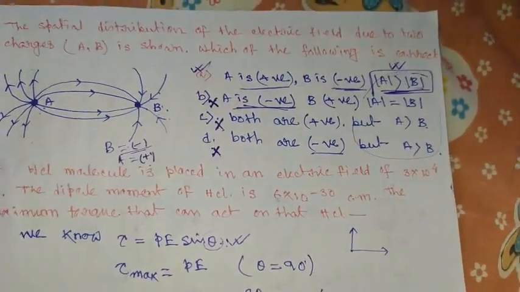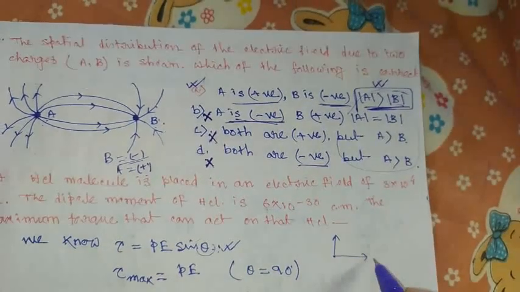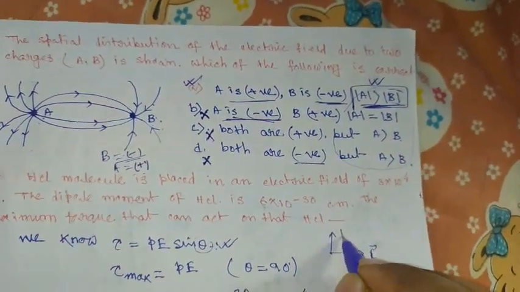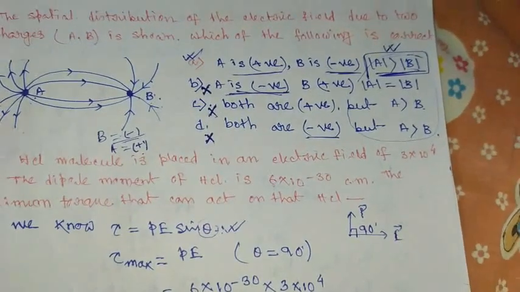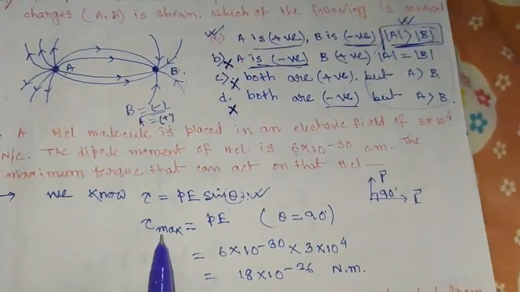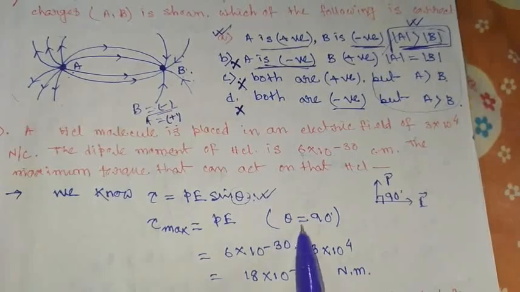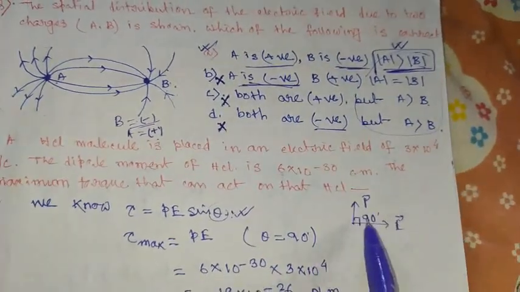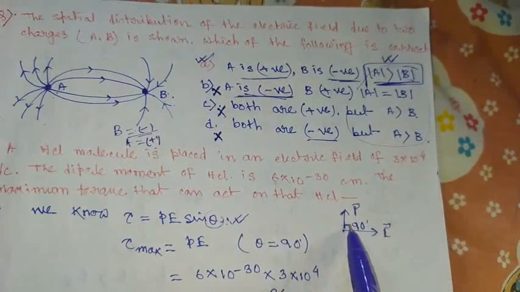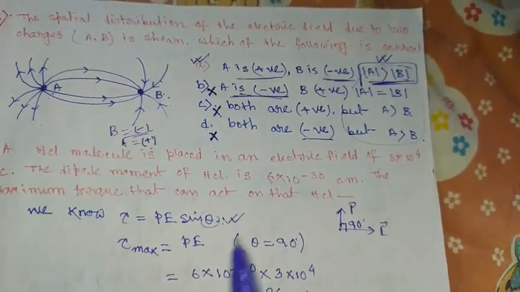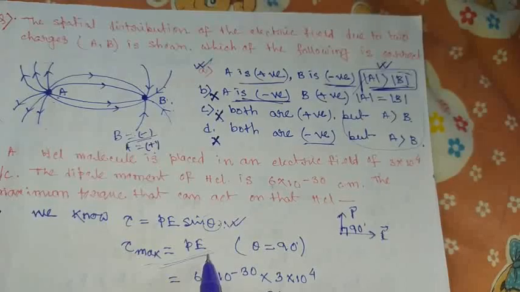We know that when theta is 90, sin 90 will be maximum, that is one. So torque tau will be maximum when theta is 90. That means when the dipole is placed in an electric field in a perpendicular position, the torque has the maximum value.